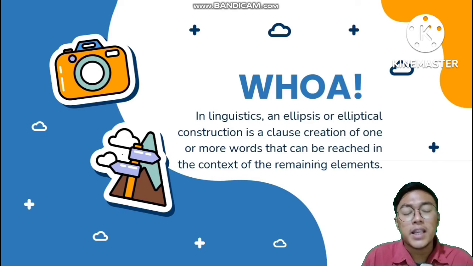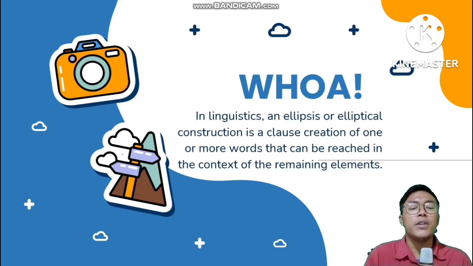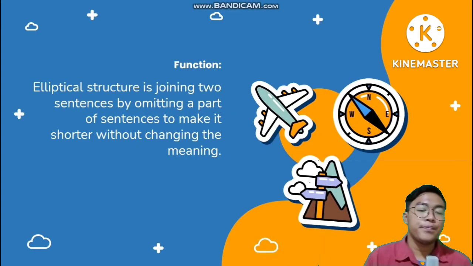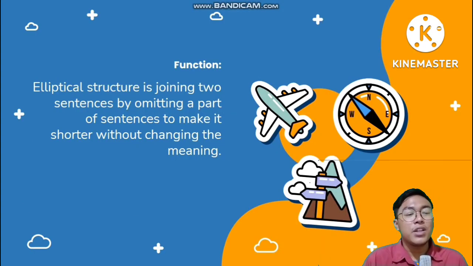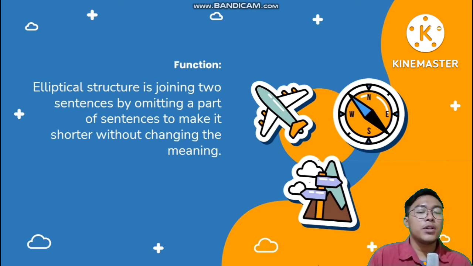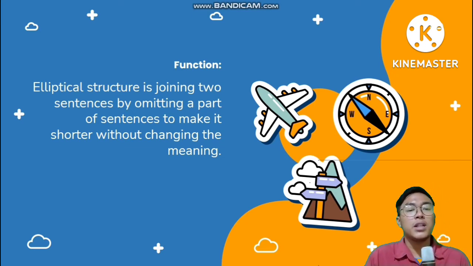In linguistics, an ellipsis or elliptical construction is the omission of one or more words from a clause that can be understood in the context of the remaining elements. The function of elliptical structure is joining two sentences by omitting a part of the sentences to make it shorter without changing the meaning.